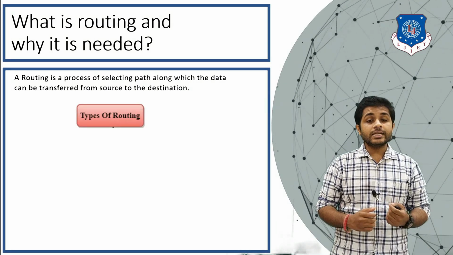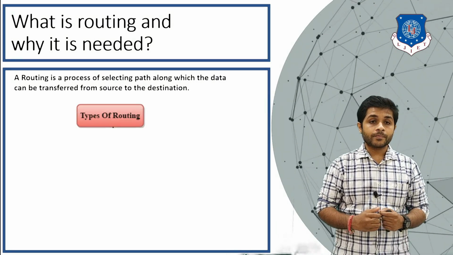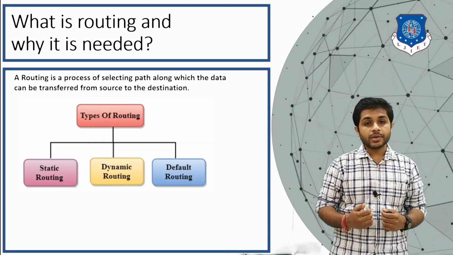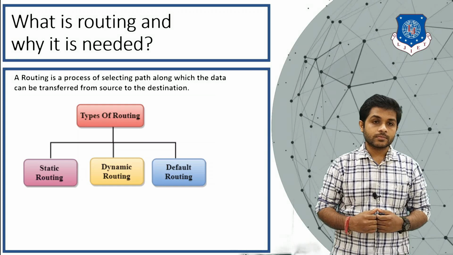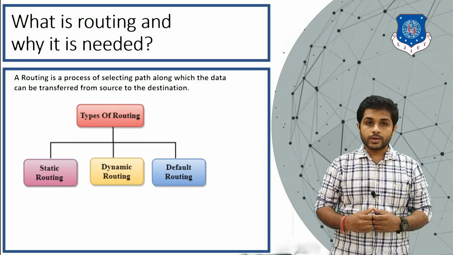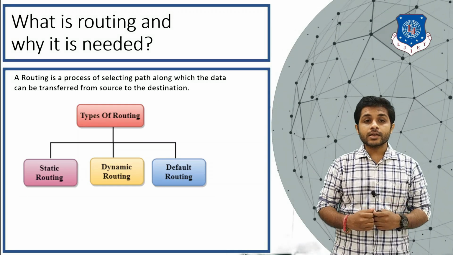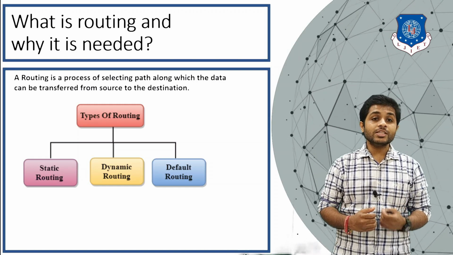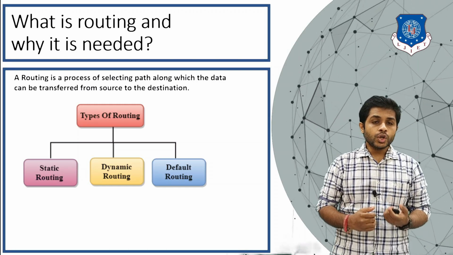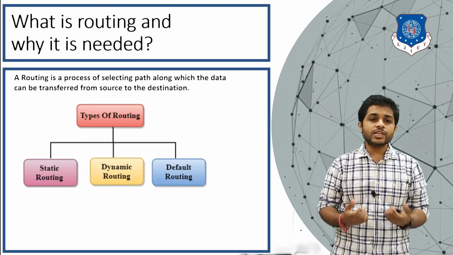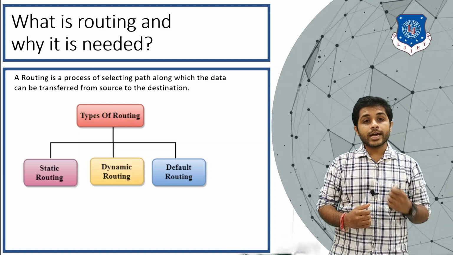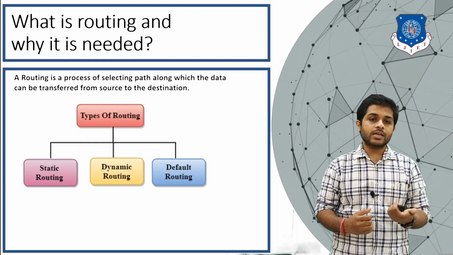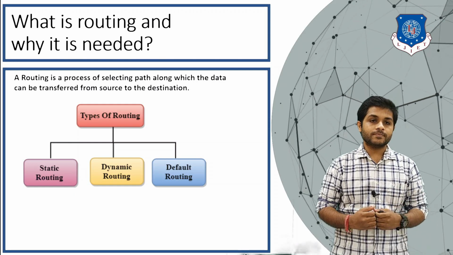There are three types of routing. The first is static routing, then dynamic routing, and the default routing. Now, what is static routing? In static routing, the entries in the routing table can only be changed manually. So whenever there is any change in the network, the network administrator will change the entries in the routing table on his own.